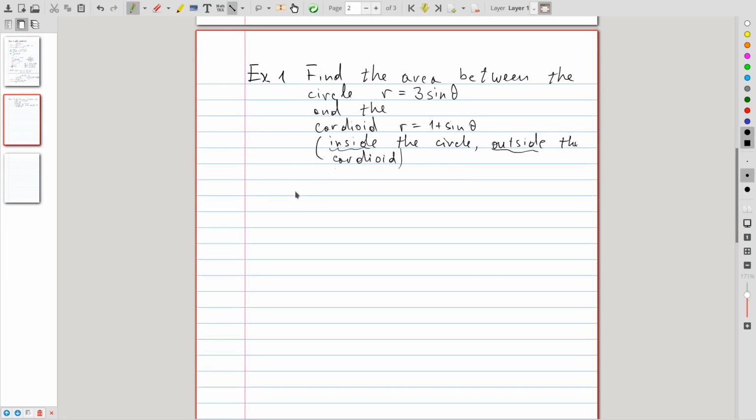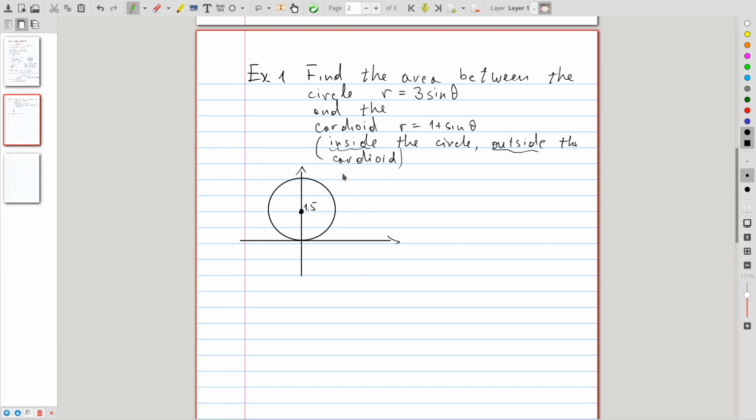Okay, so now the sketch. Let's see what we have here. So we have the circle, r equals 3 sine theta. It is a circle centered at 0, 1.5 with radius 1.5, like so.